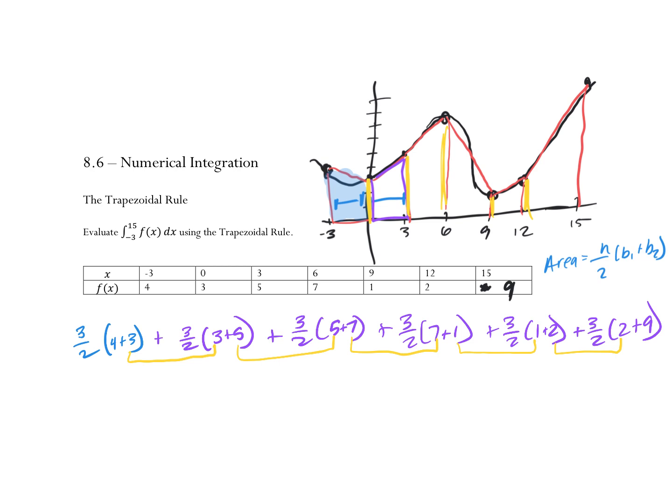Okay, so if I wanted to, I could have rewritten this as 3 halves on the outside. And then we did what? F of negative 3.